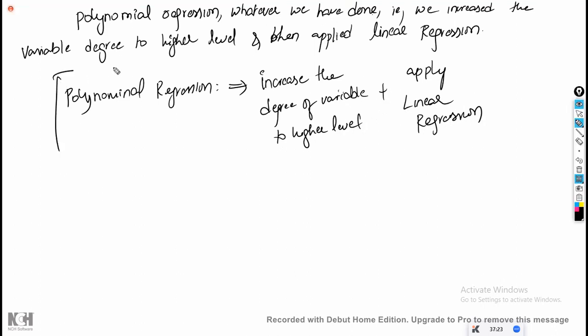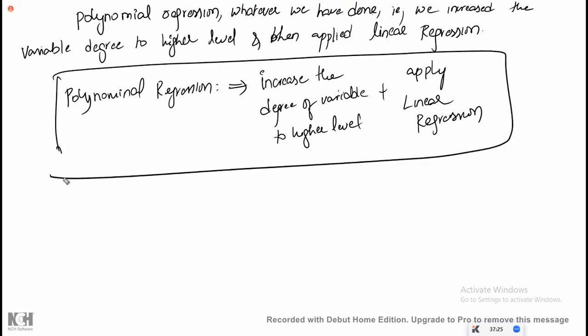This is the meaning of polynomial regression. If anyone asks in the interview, say increase the degree of the variable to a higher level and apply linear regression.